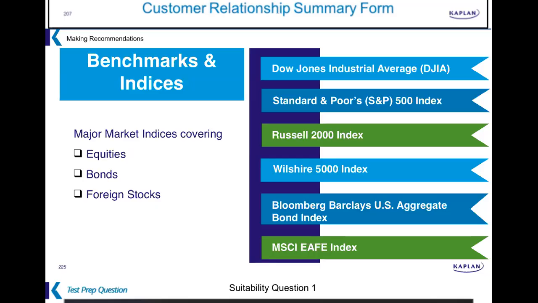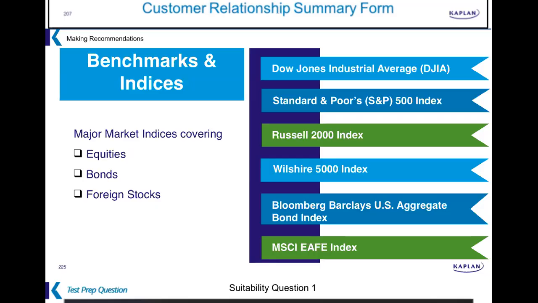So the Dow Jones Industrial Average, for example, is going to give us an idea of what's going on in the top 30 companies. The Standard & Poor's is going to tell us what's going on in the top 500 companies. The Russell 2000, the Wilshire 5000, how many companies do you think are in that?